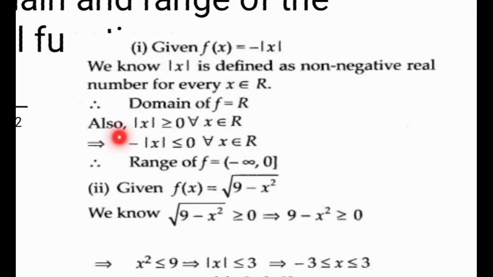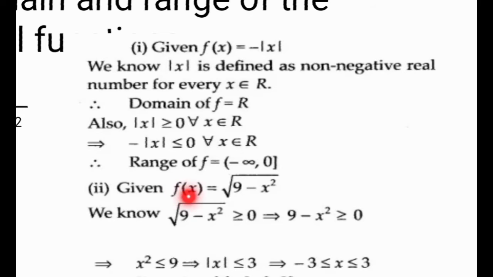So when you put a minus here, automatically the inequality symbol is changed, for all x belongs to R. Therefore, what is the range of f? -|x| is less than or equal to 0, which means it will be (-∞, 0]. Close the bracket, since less than or equal to 0 means a closed bracket.